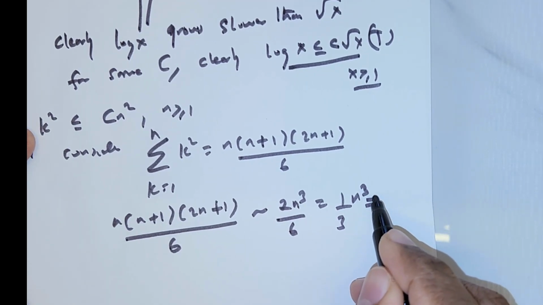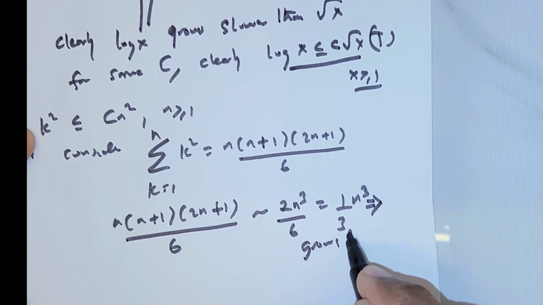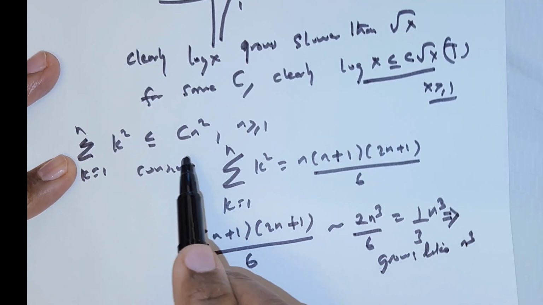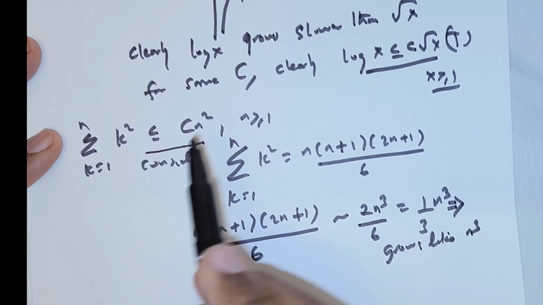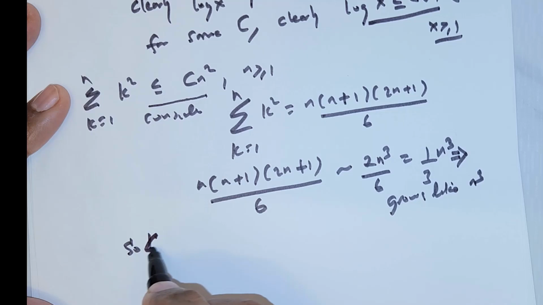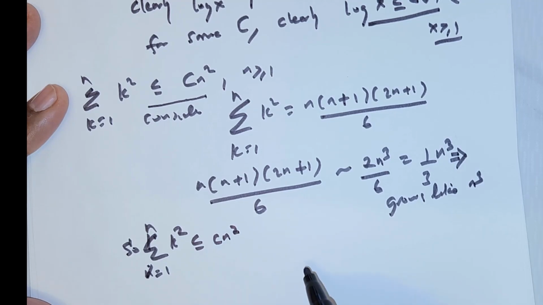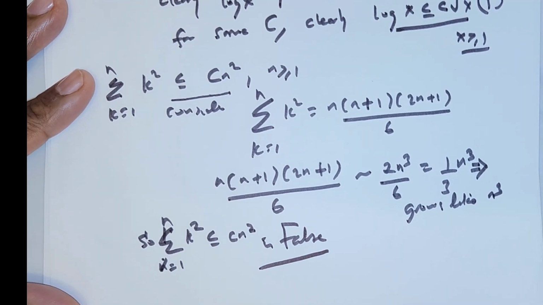So this will actually be growing like n cubed. But what they have given here is less than or equal to n squared. Is it going to be true? So sigma k equals 1 to n, k squared less than or equal to c times n squared is false. Okay, so that's statement 2.